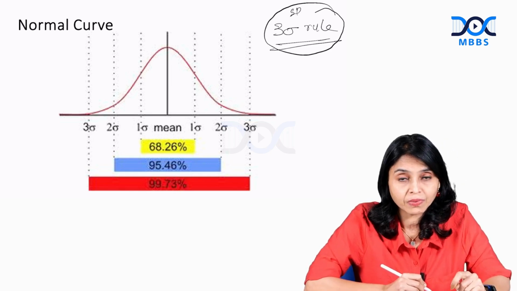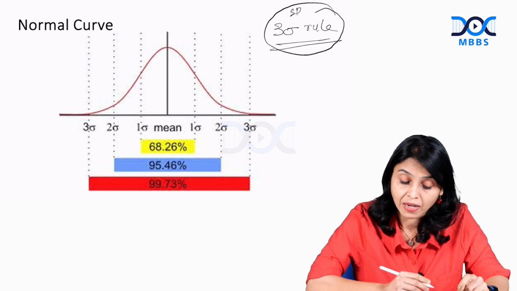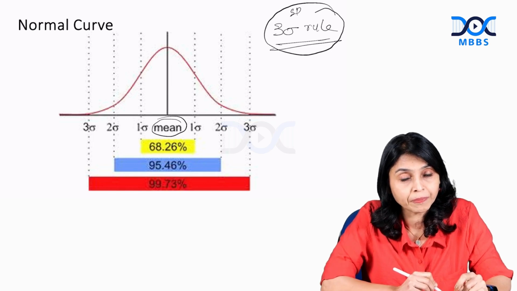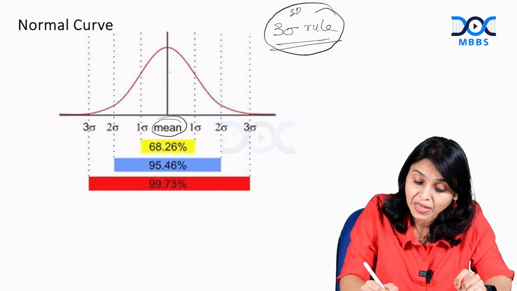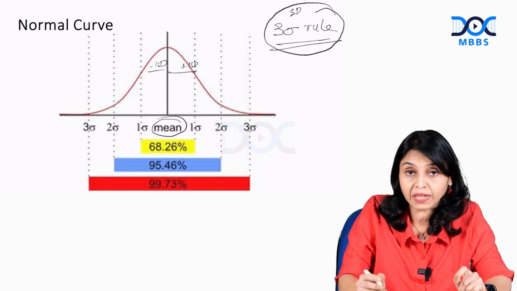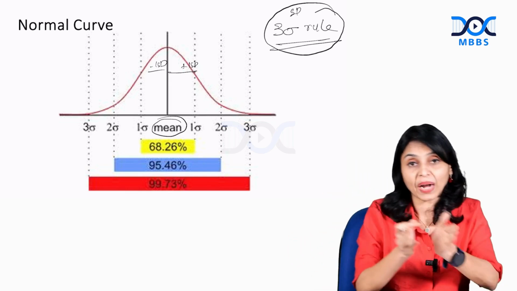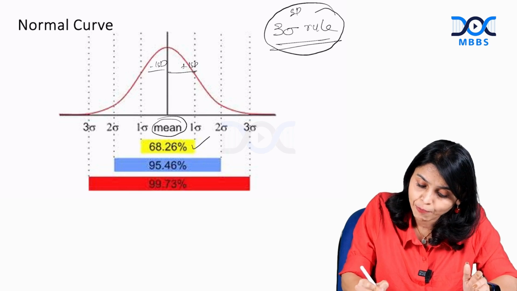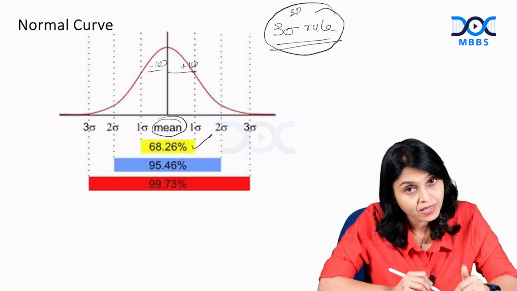In a normal curve, mean is at the center. If you know the mean and standard deviation, then mean plus 1 standard deviation and minus 1 standard deviation will include 68.26% of values in the data set.